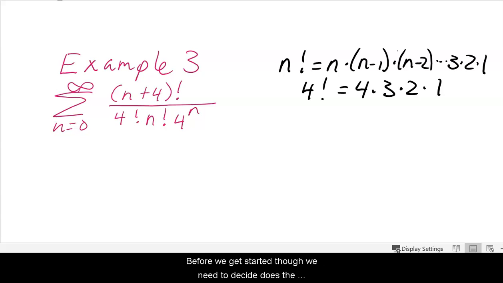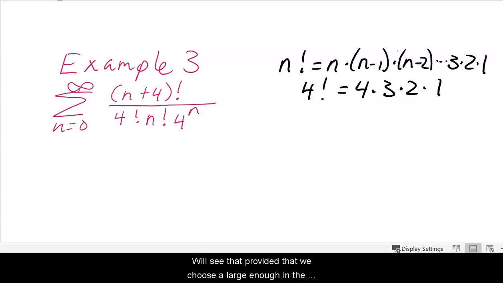Before we get started, though, we need to decide, does the limit of this go towards 0 or not? In other words, the divergence test. In this case, if we compare the relative sizes of these here, the difference between the n factorial and the n plus 4 factorial are 3 additional terms.